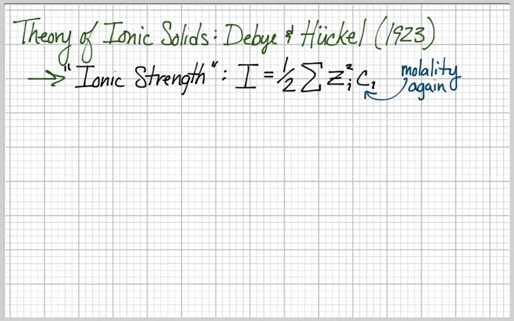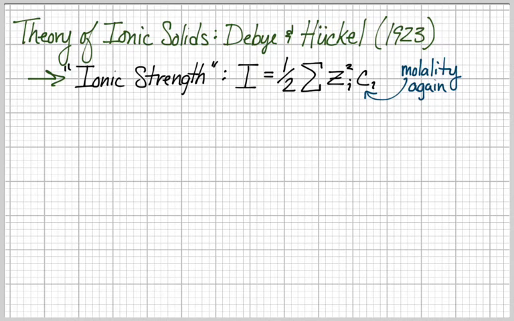And so that concept, ionic strength, is given the value I, and it's 1/2 the sum of the ionic charges squared for each species. So say sodium would be 1 mole of sodium squared, 1 mole of calcium squared.